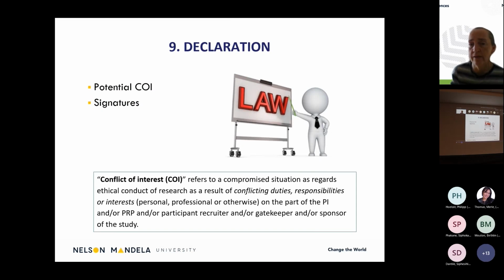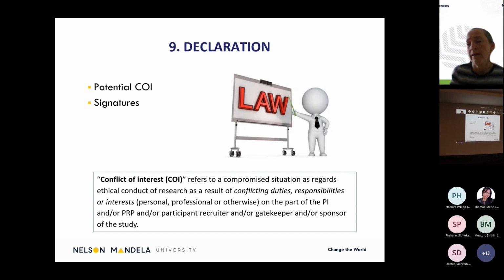What is a conflict of interest? It refers to a compromise situation as regards ethical conduct of research as a result of conflicting duties, responsibilities, or interests. For example, I've got shares in Aspen, and I'm a part-time staff member of Aspen. And I'm going to do a study on Aspen, with some other process or procedure or experimentation happening, and I'm not declaring that.